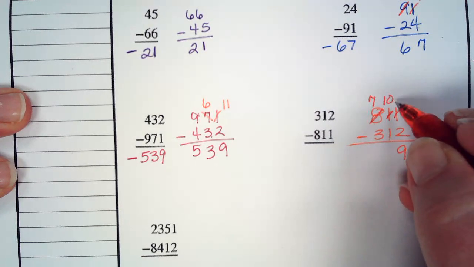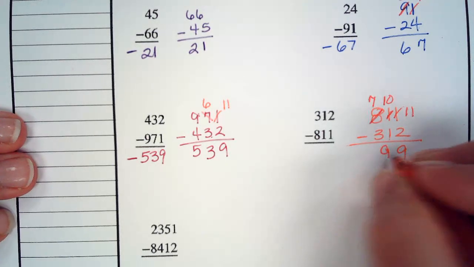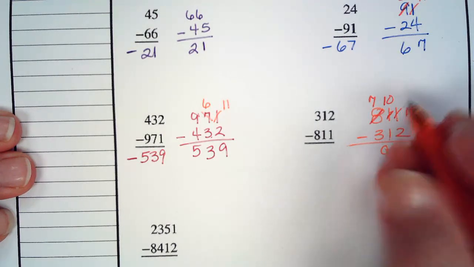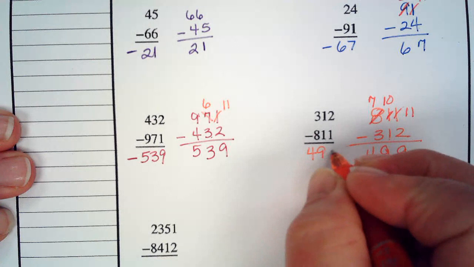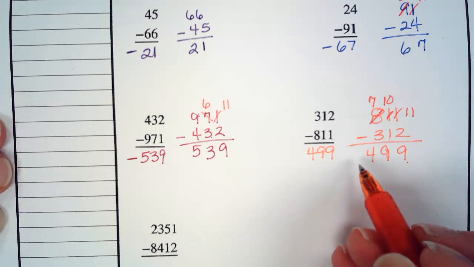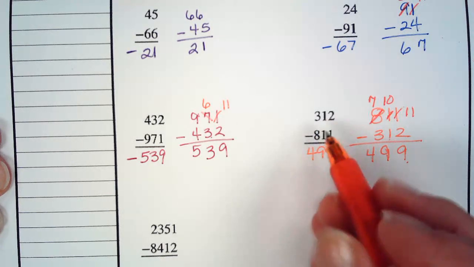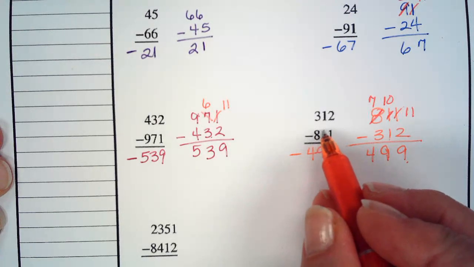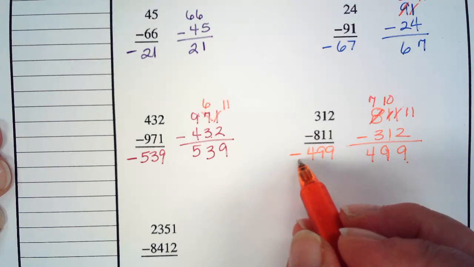Bring my 10 over. 10 minus 1 is 9. 7 minus 3 is 4. 499. Is it positive or is it negative? 800 is bigger than 300. Negative. 800 es más grande que 300, entonces la respuesta está negativo.